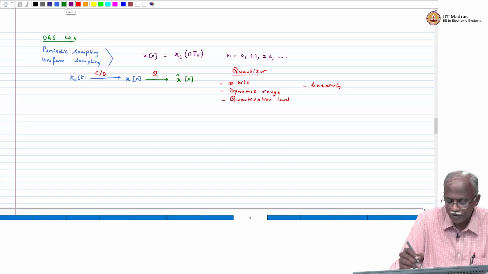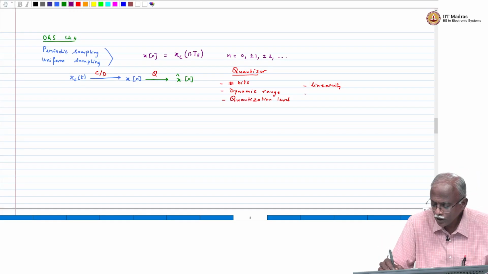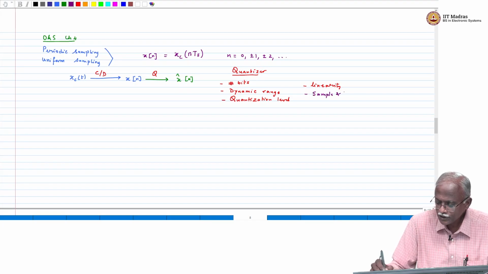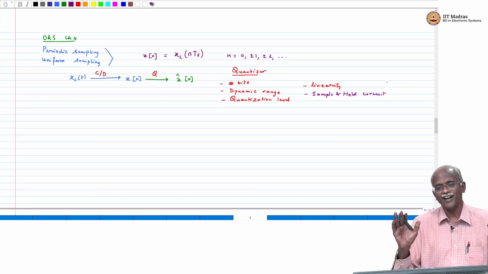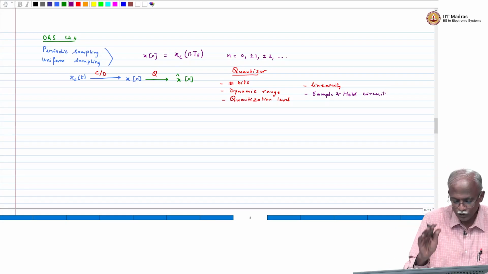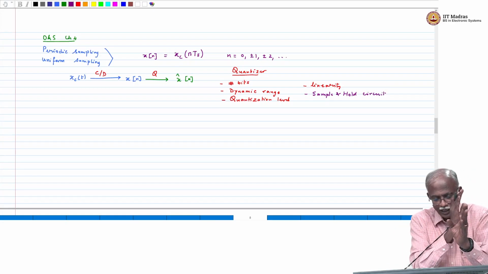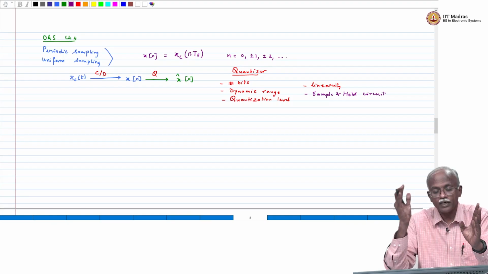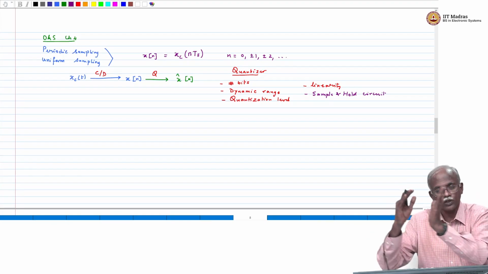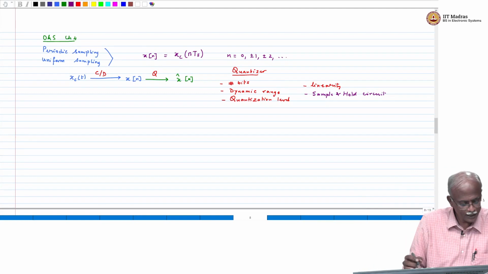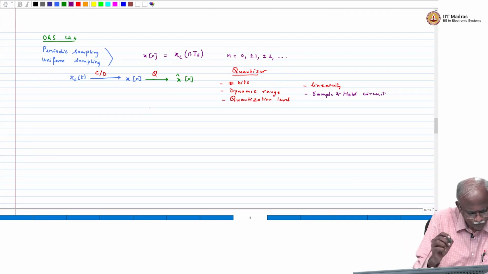And invariably we will have to use a circuit called a sample and hold circuit. And we must know the characteristics of the sample and hold circuit. So all of this comes into play when we are doing the quantization. But for today, we will be focusing on the continuous time signal being converted to a discrete time signal. So the quantizer, we will take it up at a later point.